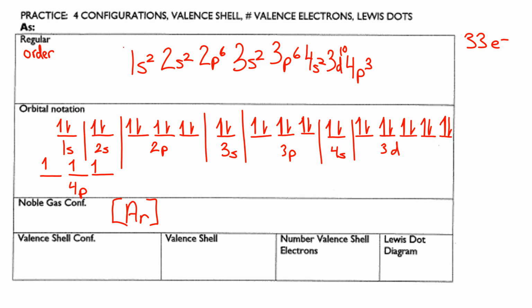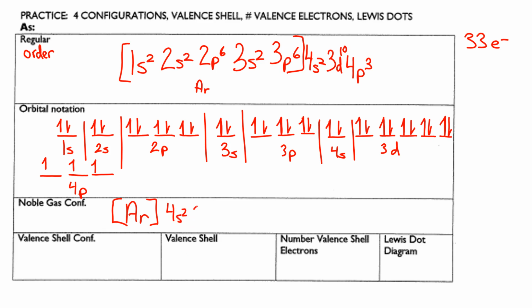It's 3p6, right? So whenever I put argon in brackets, I am saying I know everything right here because that represents argon. So I can say argon, and then I just put what comes after it.